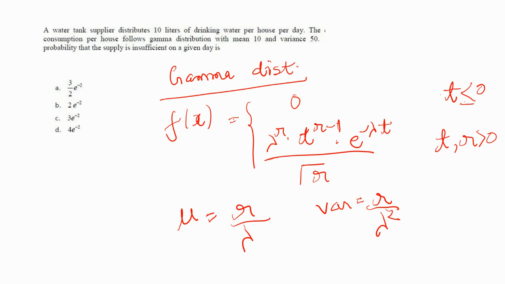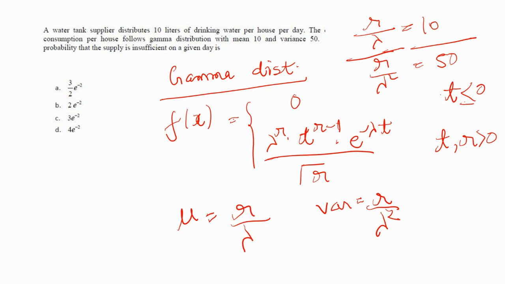So what is given here is that mean is equal to 10 and variance is equal to 50. So mu is 10, so r upon lambda is 10, and r upon lambda squared is 50. So we can divide it.